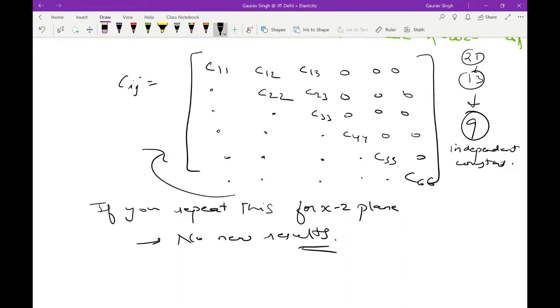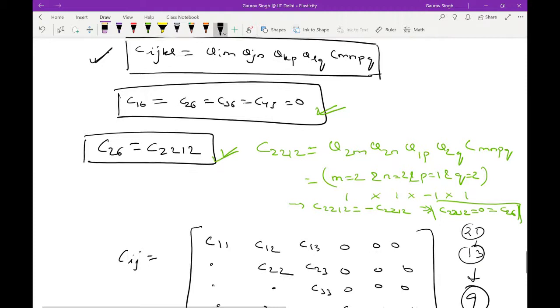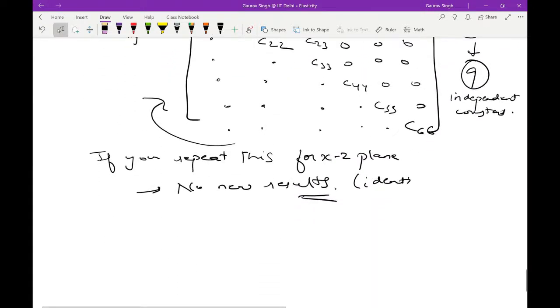Okay, meaning they will all be identically satisfied. The transformation law which you have over here will be identically satisfied for all. So you will not get this minus thing which we have been getting.